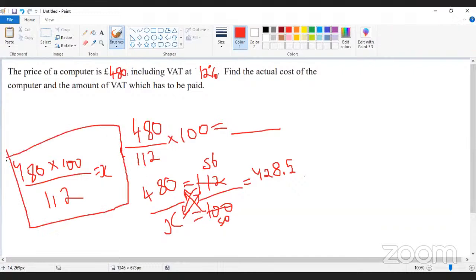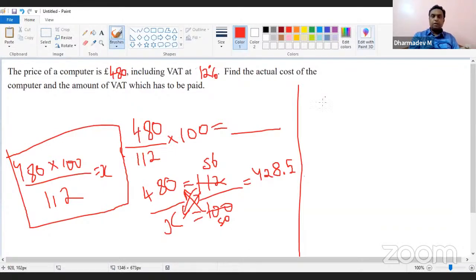Sir, is there a direct formula for this? Direct formula, you can say: selling price divided by selling price in percentage, that is cost price plus profit, multiplied by 100.